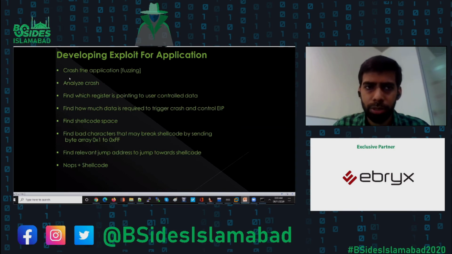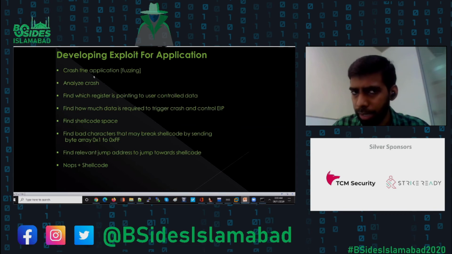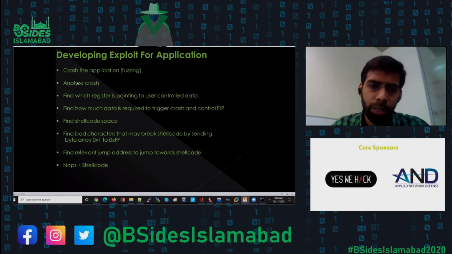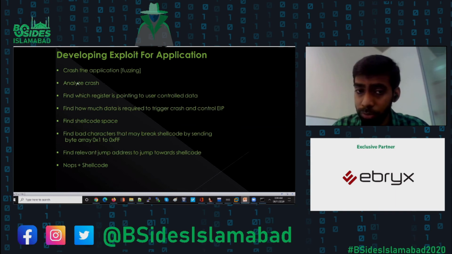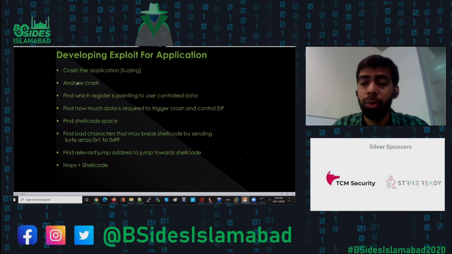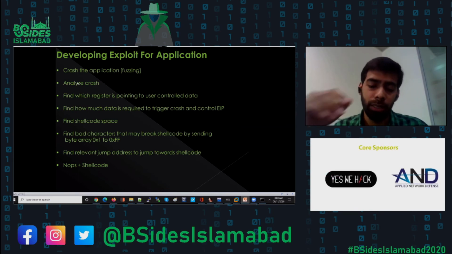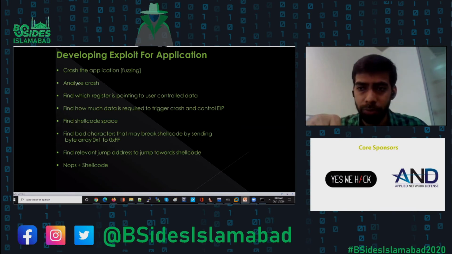What we are going to do is trigger the crash, analyze the crash, follow which registers point to our controlled data, and figure out how many bytes we need to control the EIP, then find the address for the shellcode. Find the space for the shellcode, the code we want to execute. Then find out what the bad characters are; we will talk about it when we reach that point.